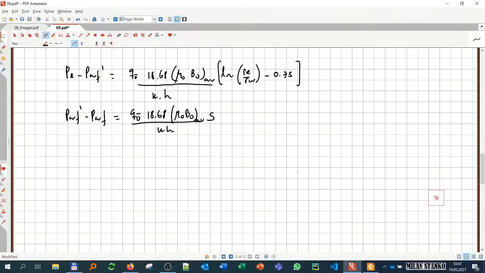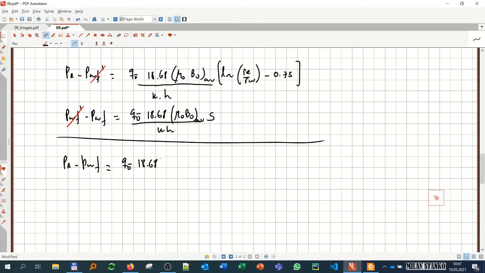When we sum these two equations, the ideal PWF prime cancels out, and we have the actual pressure drop from the formation all the way to the bottom hole: QO 18.68 mu BO at average pressure divided by KH, times ln RE over RW minus 0.75 plus S.